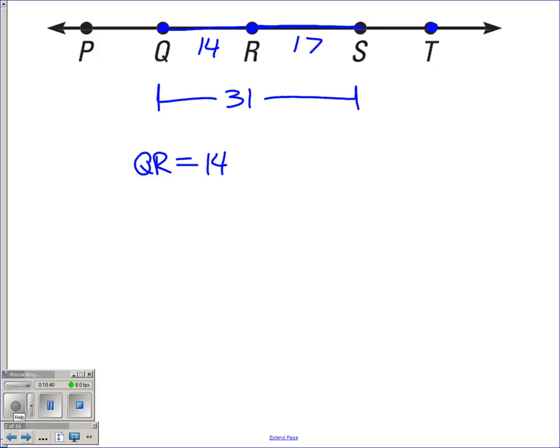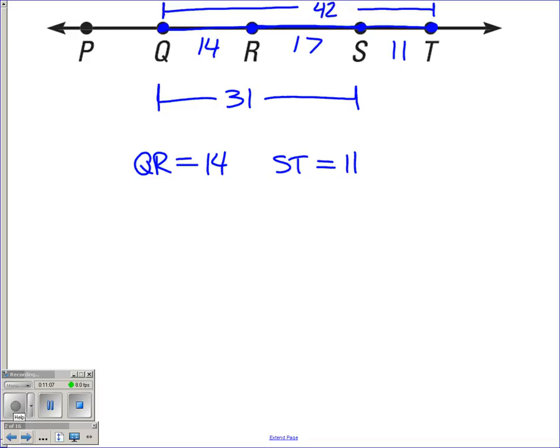Well, that would be 11. Now look at this. From Q all the way to T, that's 14 plus 17 plus 11, and so that is 42. So we now know that the length of ST has to be 11 units.